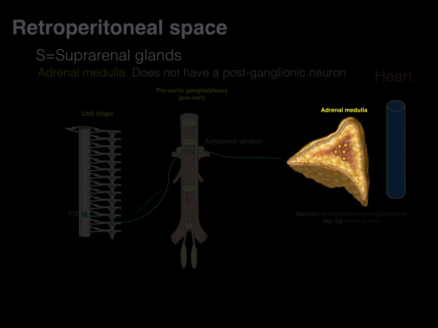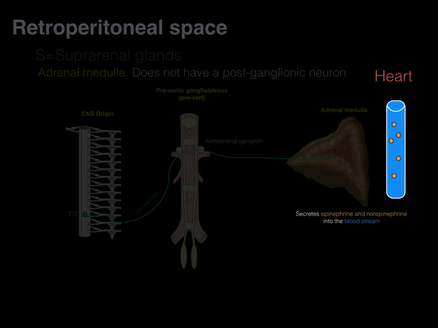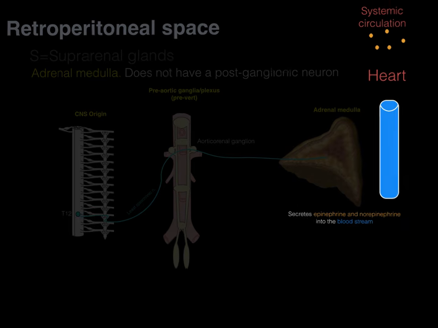And then in the adrenal medulla, those cells are modified postganglionic sympathetic neuron cells, and what they do is secrete epinephrine and norepinephrine directly into the bloodstream. And then the bloodstream carries norepinephrine and epinephrine to the heart, and then the heart pumps these hormones into the systemic circulation.